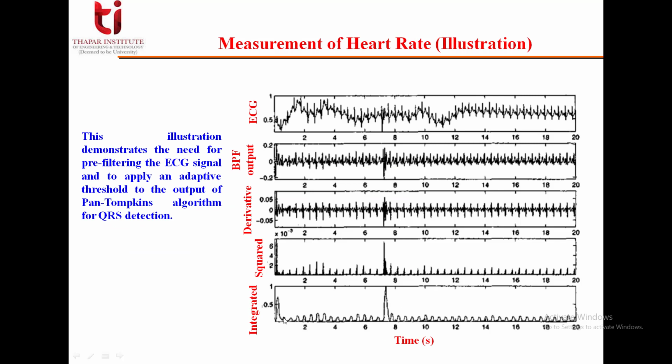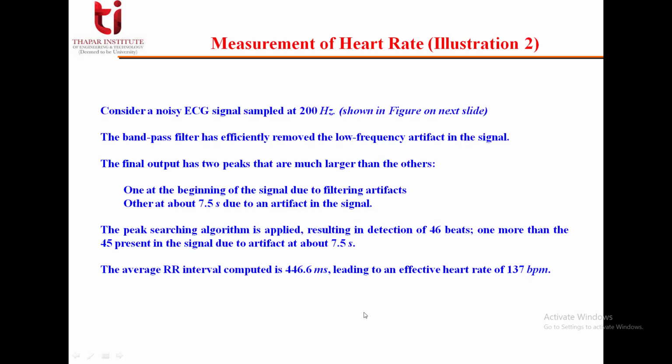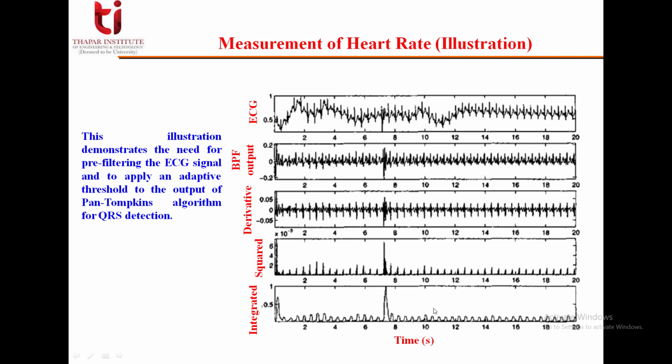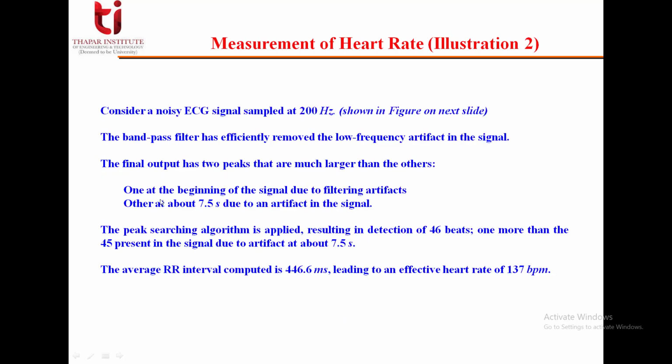You can see these peaks. It is showing two peaks much larger than the others. If you see, all other peaks are small in amplitude, but these two peaks are larger in magnitude. One at the beginning of the signal, this is due to a filtering artifact, and the other at 7.5 seconds due to an artifact in the signal.